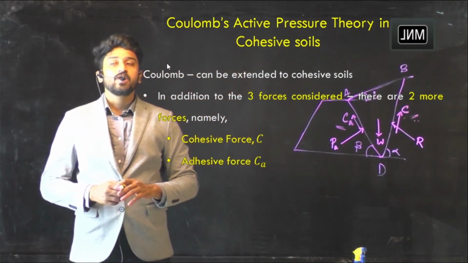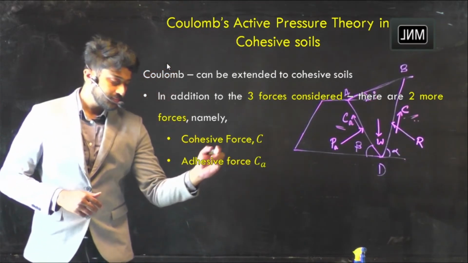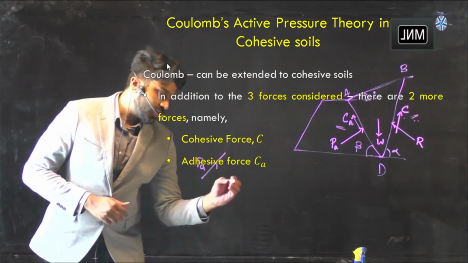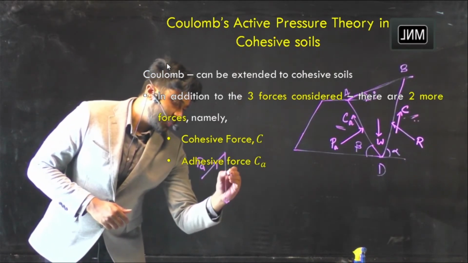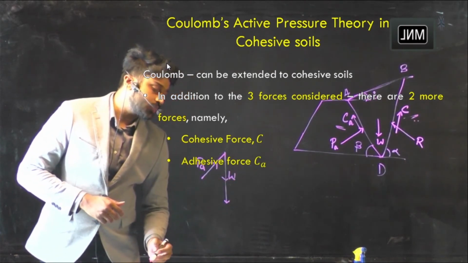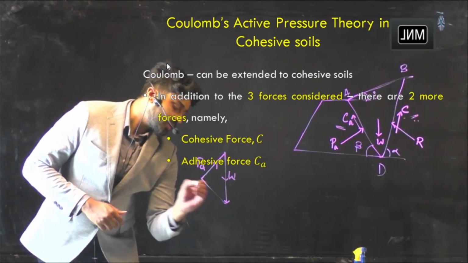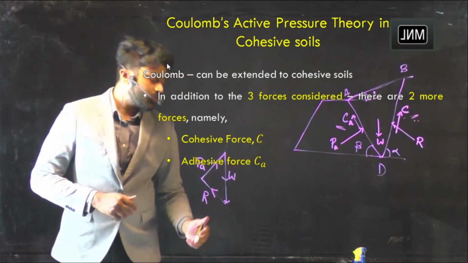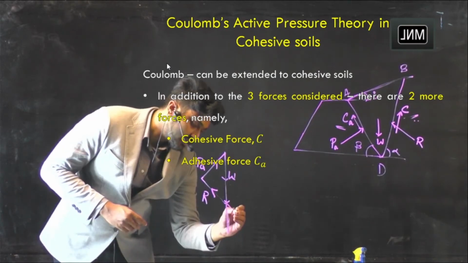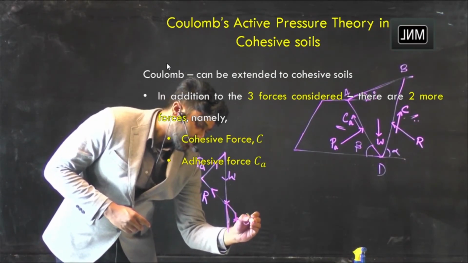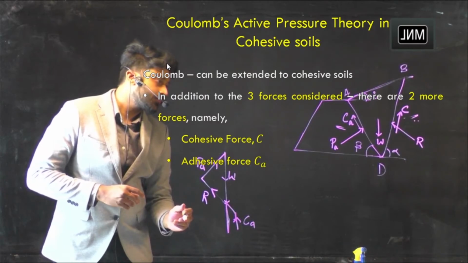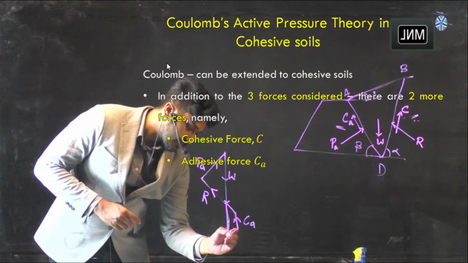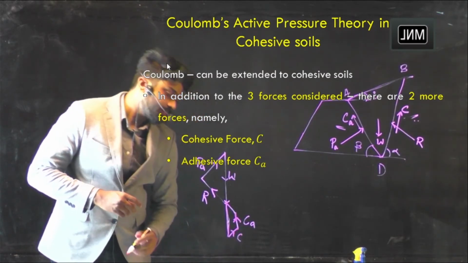So for the equilibrium of forces, we have to consider this PA acting in this direction and this weight, self weight of the body that is coming downwards, and the other force, that is the reaction force, which is in this direction R. Apart from this, there are two more forces, so these have to be considered. One is the CA, that is along this particular direction, okay, and the other one is C, okay, this is C along the other direction.